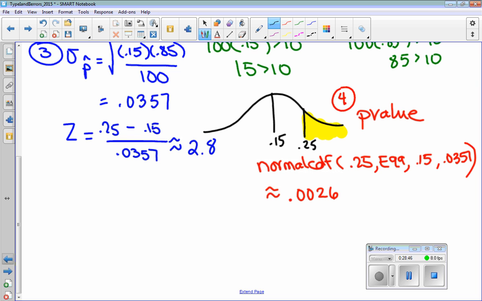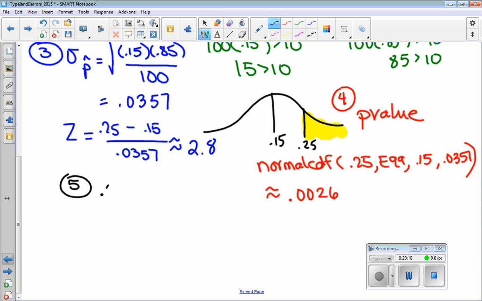Step 5. I have to draw a conclusion. There's 2 ways I know how to do it now. I can compare my Z to my Z star, or I can compare my p-value to my alpha. The alpha, I don't think it gave us anything to say here at a certain level, so we'll assume 0.05, okay?